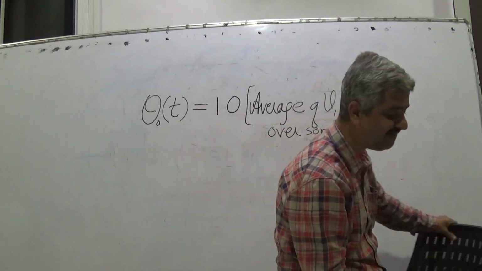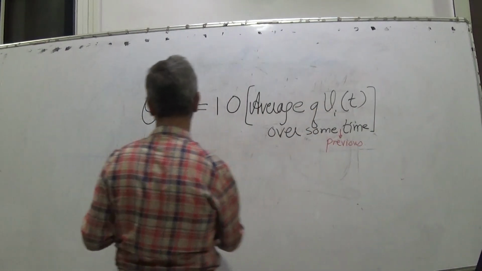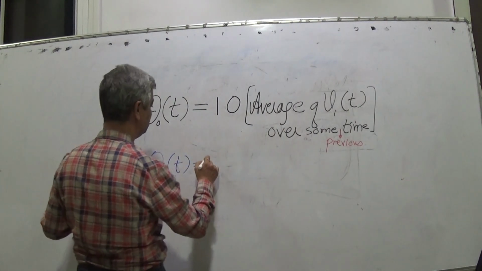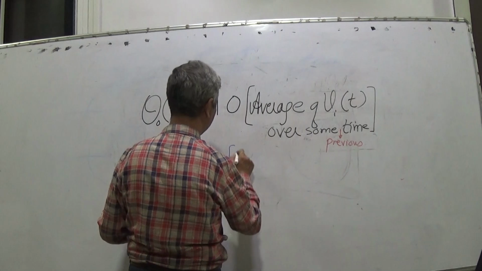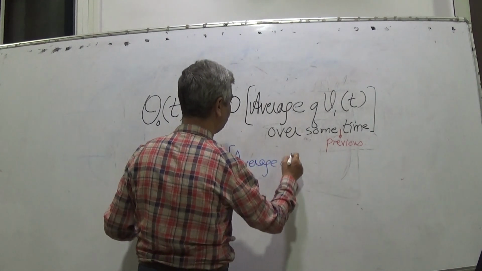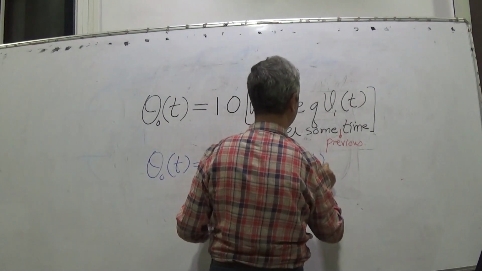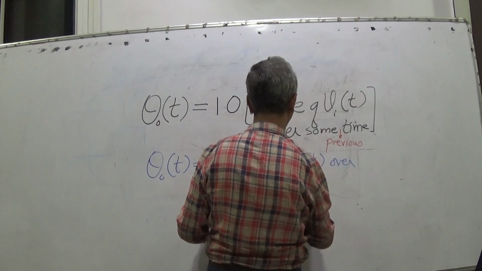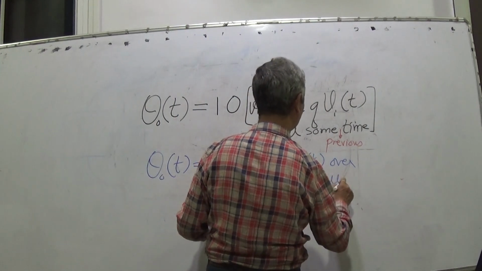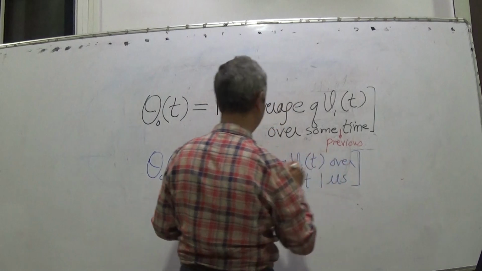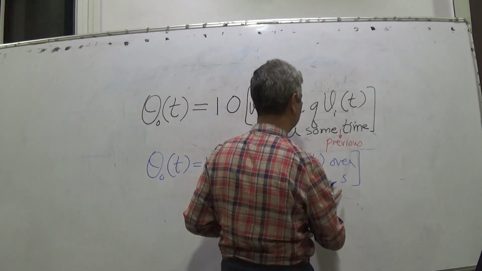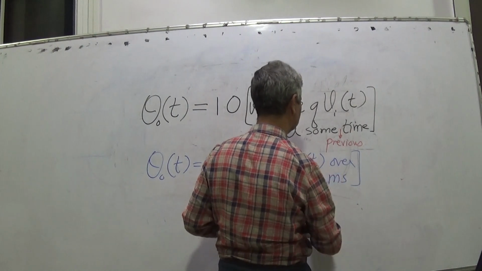So as an example I can write theta O(t), just as an example of this, is equal to 10 into average of V(t) over the last 1 microsecond, or to be very precise, micro is too fast, 1 millisecond.